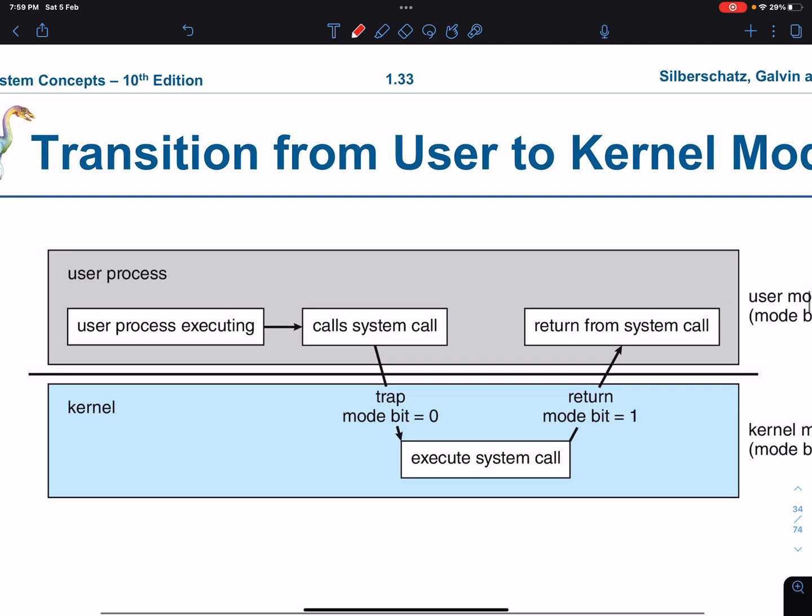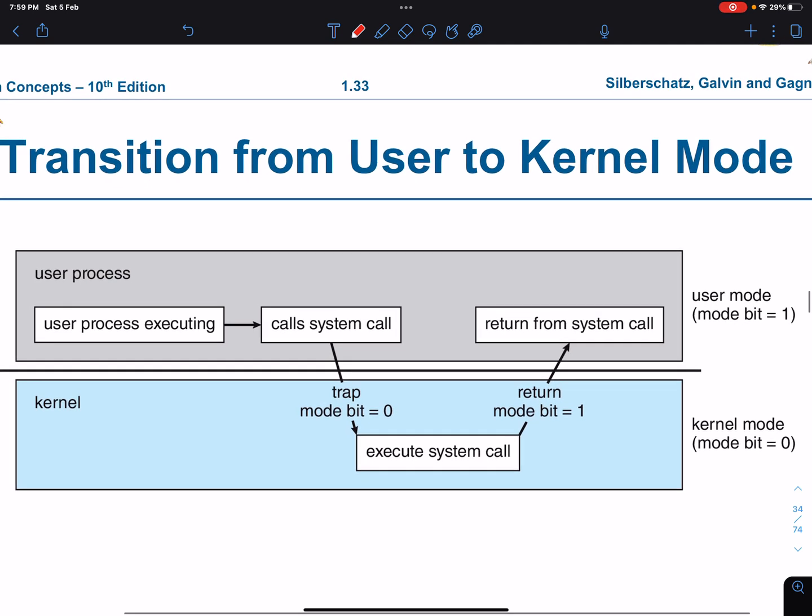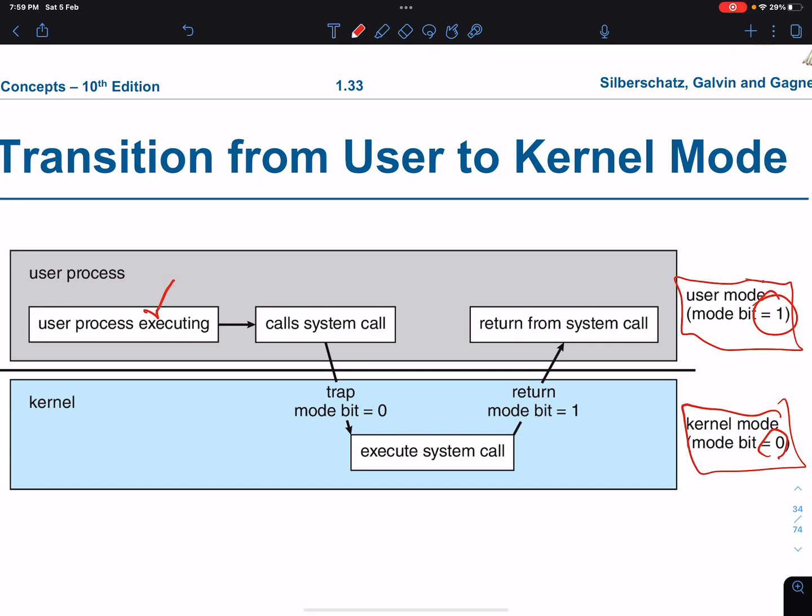And here is how it looks. Look at this beauty. You have the two layers, as you can see. This is user mode, with the mode bit 1. And here is the kernel mode, when the mode bit is 0. So the user runs a process. Then the user needs a system call. The user wants to print something, or read some file, whatever. So the system will change the mode bit to be 0, the kernel mode.